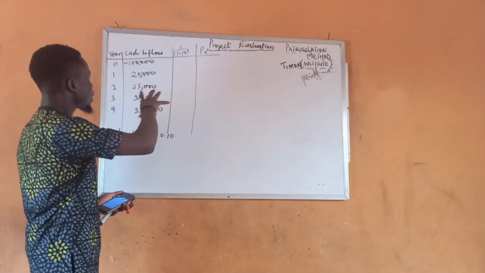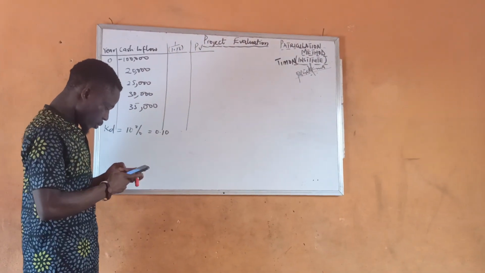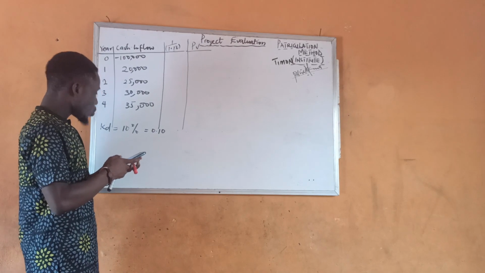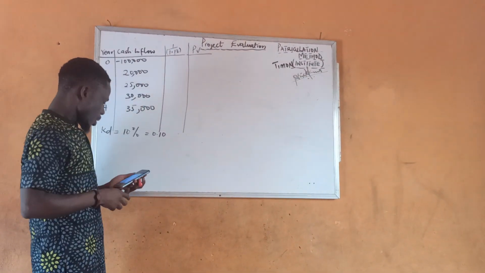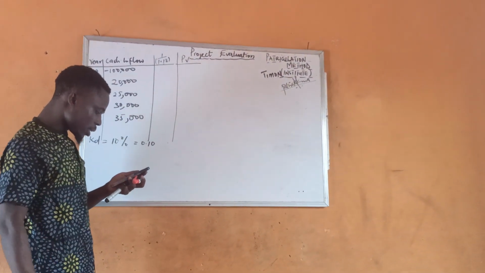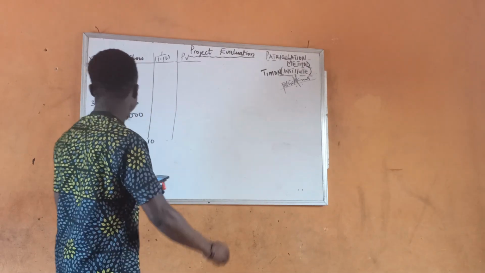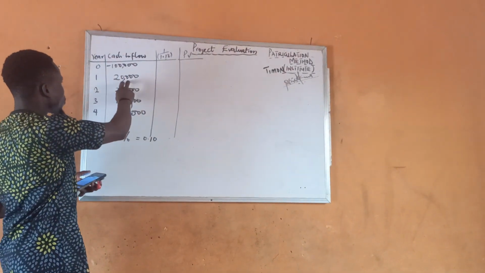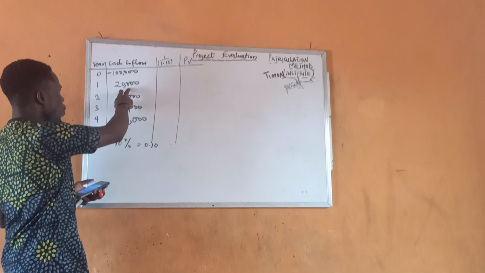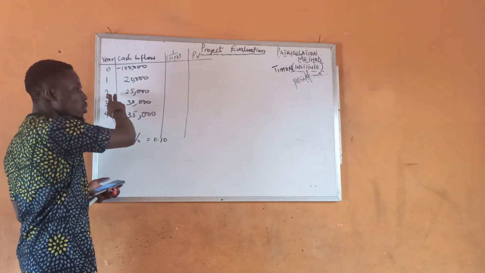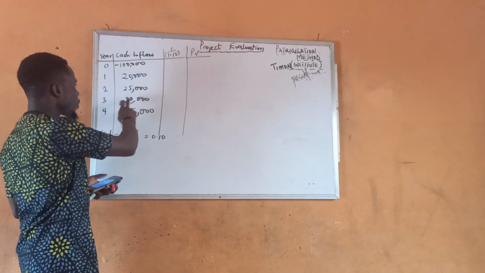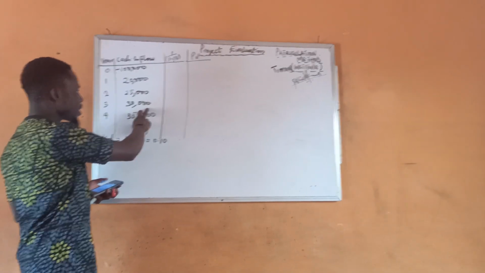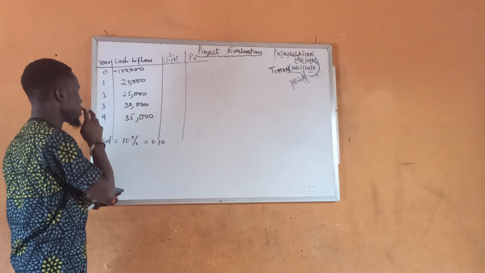Now, this is from the question. We are asked to solve this project that has a 4 years lifespan, where the first year produces cash inflow of 20,000, the second year produces cash inflow of 25,000, the third year produces 30,000, and the fourth year produces 35,000.